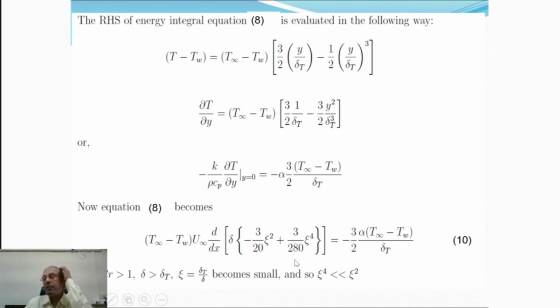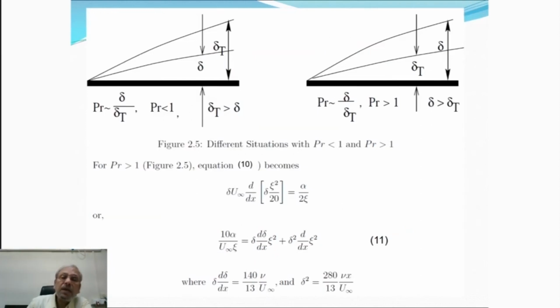These are the ways of simplification, and we can also mention here that such simplifications will not alter the final result because these are very reasonable simplifications. So this is a situation when Prandtl number is less than 1, and this is a situation when Prandtl number is greater than 1. Prandtl number greater than 1 means delta is greater than delta t. Prandtl number less than 1 means delta is less than delta t.